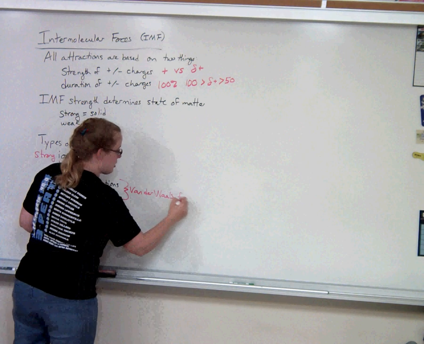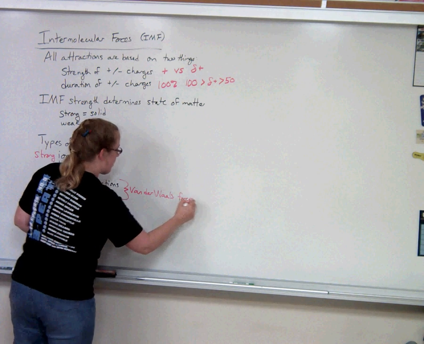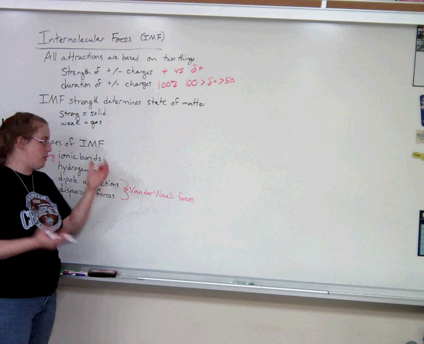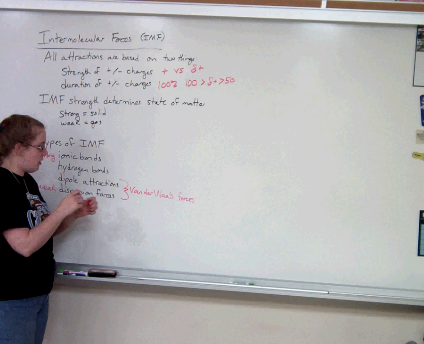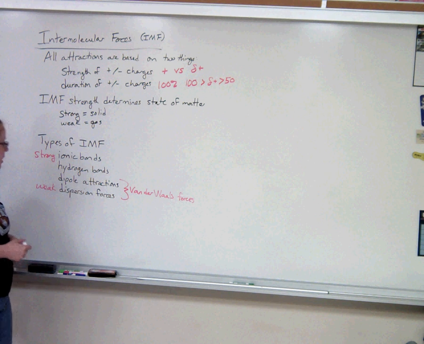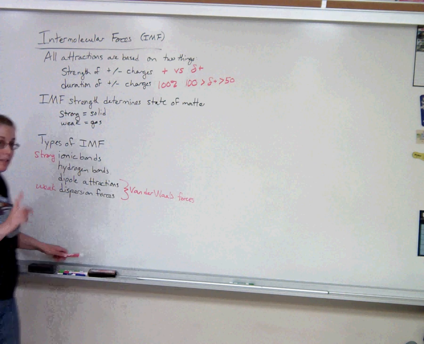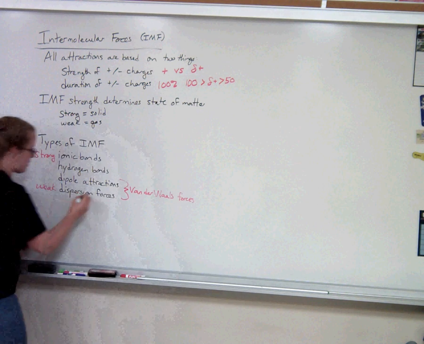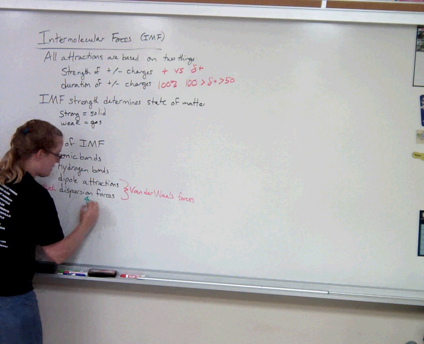Guess which guy discovered them? All right, so it's a Dutch guy, Dr. van der Waals, and he discovered dipole attraction and dispersion forces, and the name is after him. On the quest homework, dispersion forces are sometimes called instantaneous dipoles.